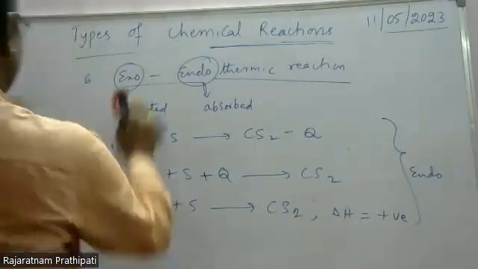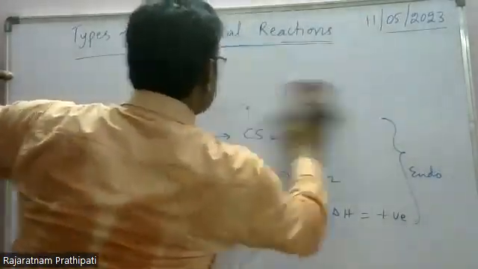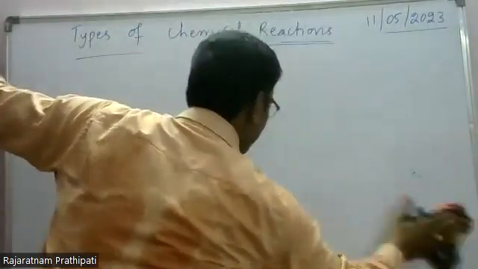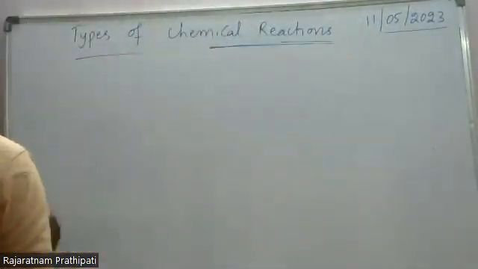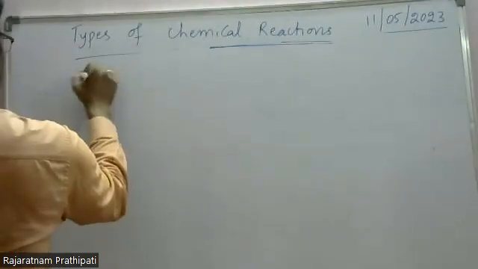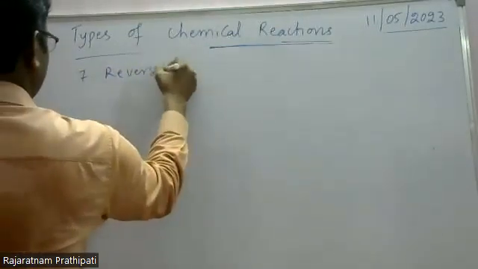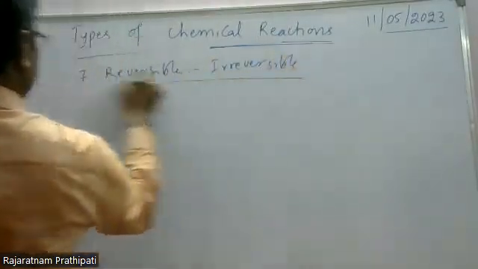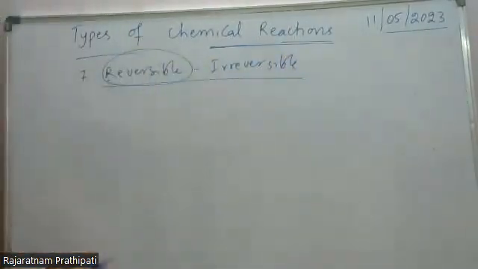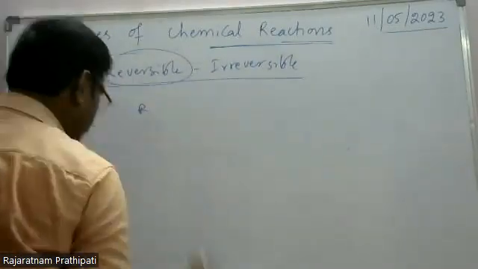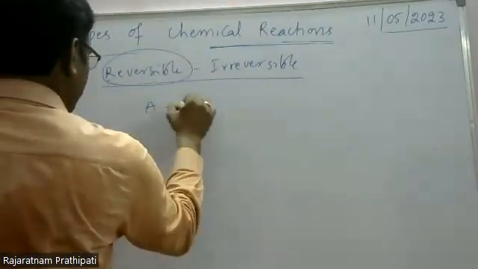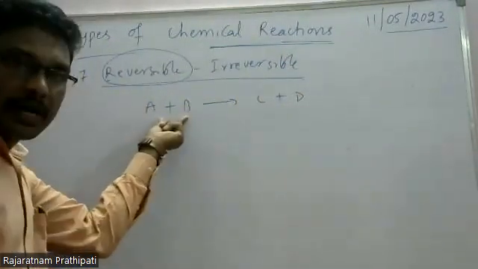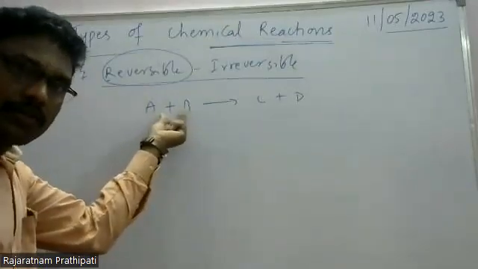And one more type of reaction, reversible and irreversible reactions. Some reactions are reversible. Look at this. Reversible reactions means, for example, here a reactant A plus B gives rise to C plus D. Here A plus B, these are reactants which are involved in the reaction.